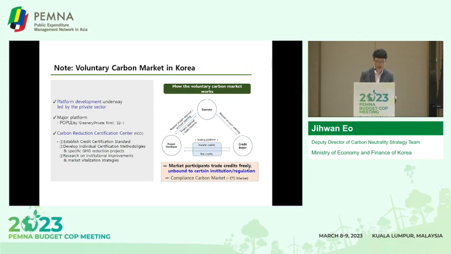So it is unbound to certain national institution. The participants can trade credits freely in the market or the platform that certain private operator has created. There are some initial platforms in Korea that has just been launched, such as Poppool, which is created in 2021. And also, Carbon Reduction Certification Center has also been created by KCCI to support this initial market to be settled.